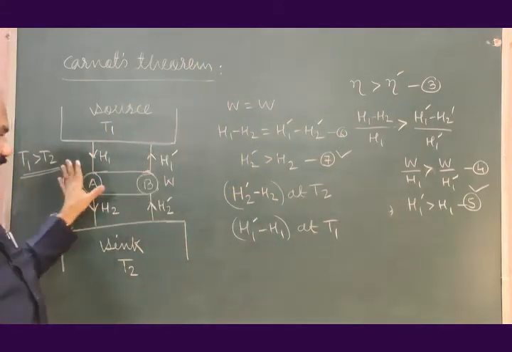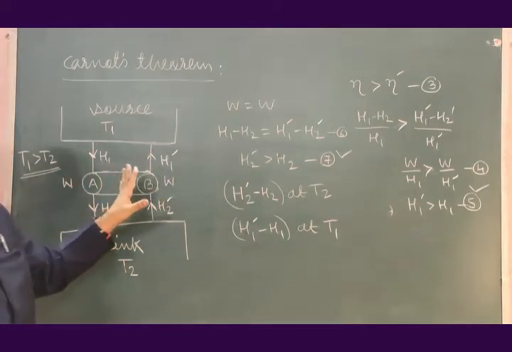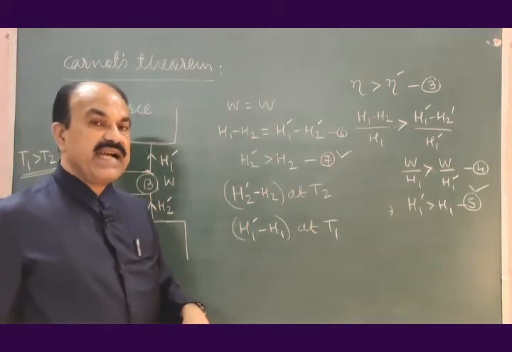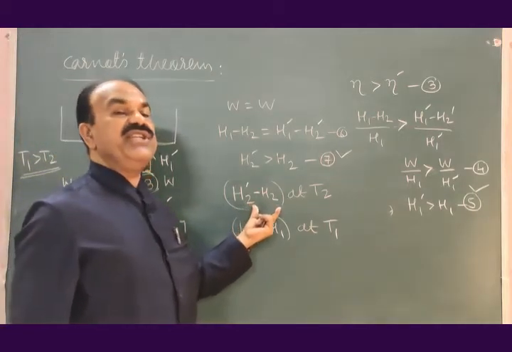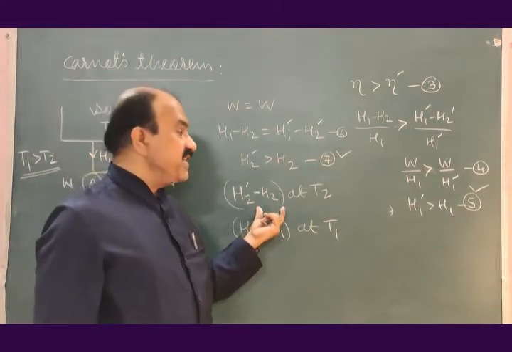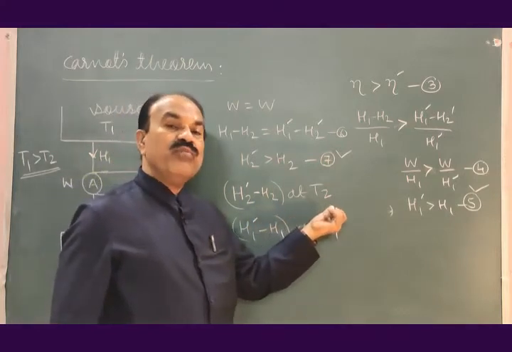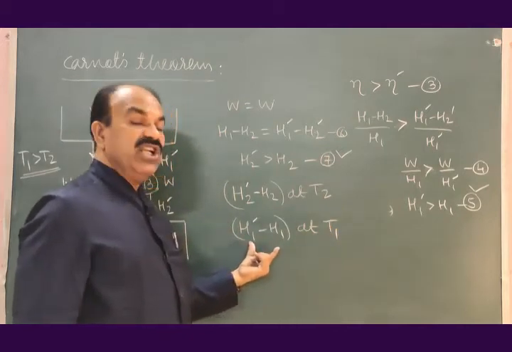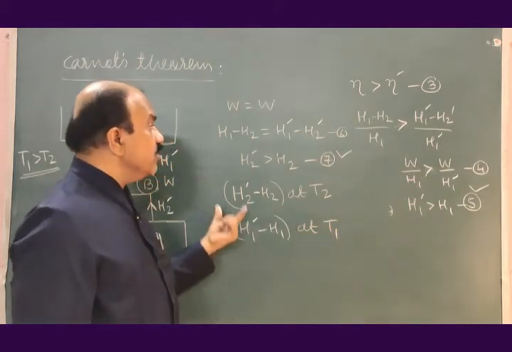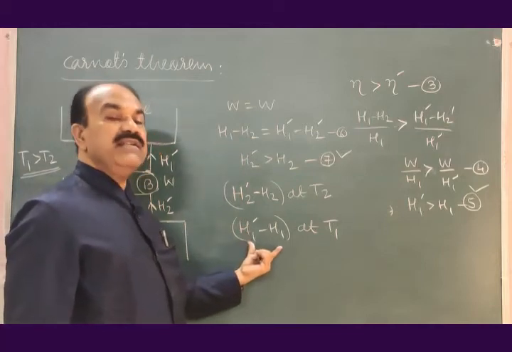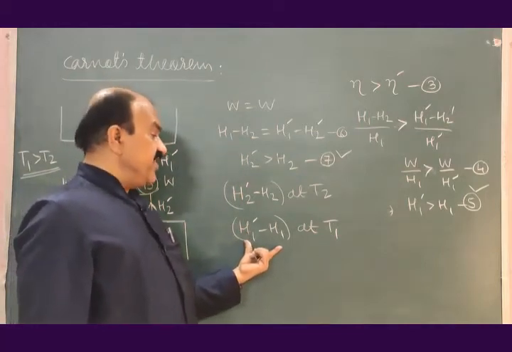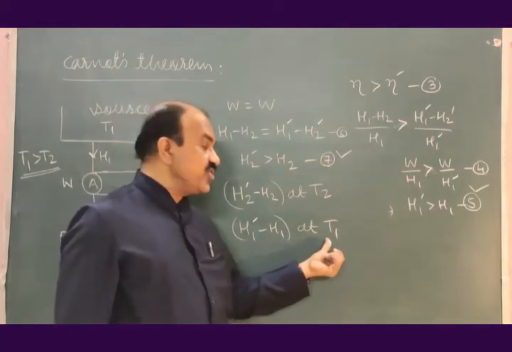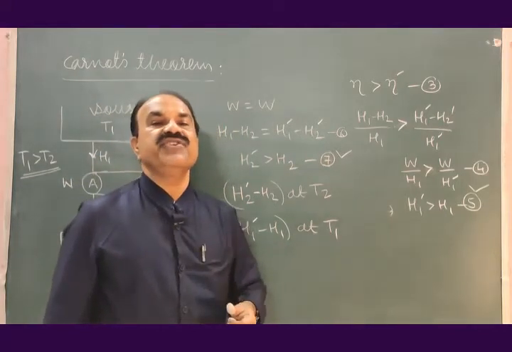This system of engines A and B is acting as a coupled system such that it draws heat energy H2 dash minus H2 from the sink at lower temperature T2, does some work W and rejects heat energy H1 dash minus H1 to the source at higher temperature T1.